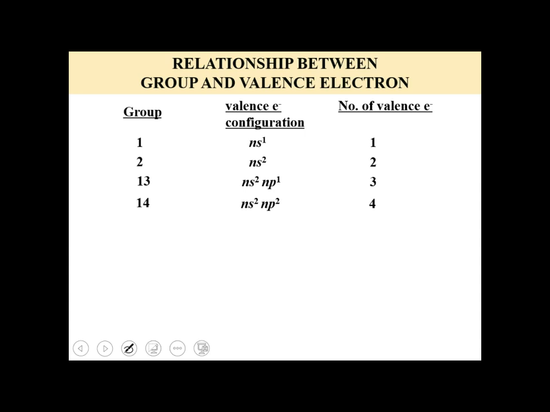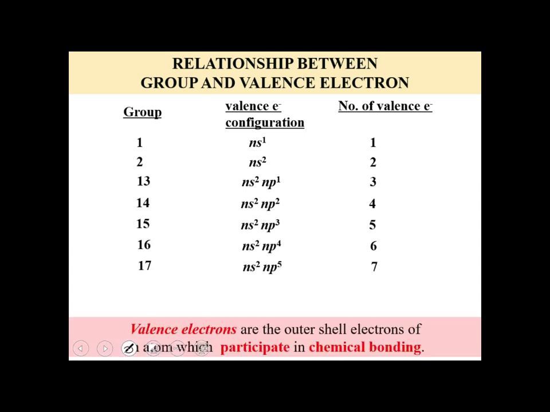Relationship between group and valence electron. Usually the group number represents the number of valence electrons. For example, group 1, you have 1 valence electron. Group 2, you have 2 valence electrons. Okay. Group 13 until 18, we ignore the 10 in front.